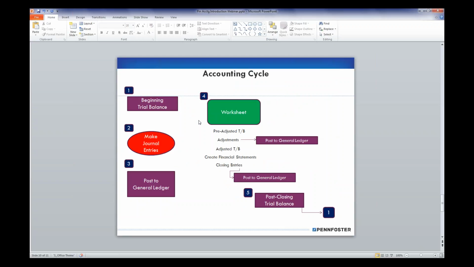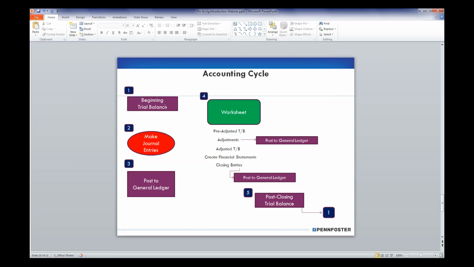In your textbook, at the end of chapter 2, on page 72, you can look at that on your own time, it shows it in a circular format.